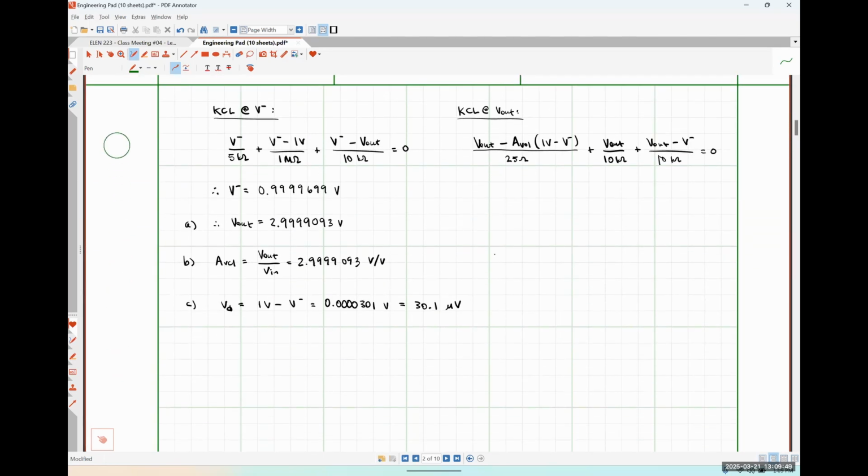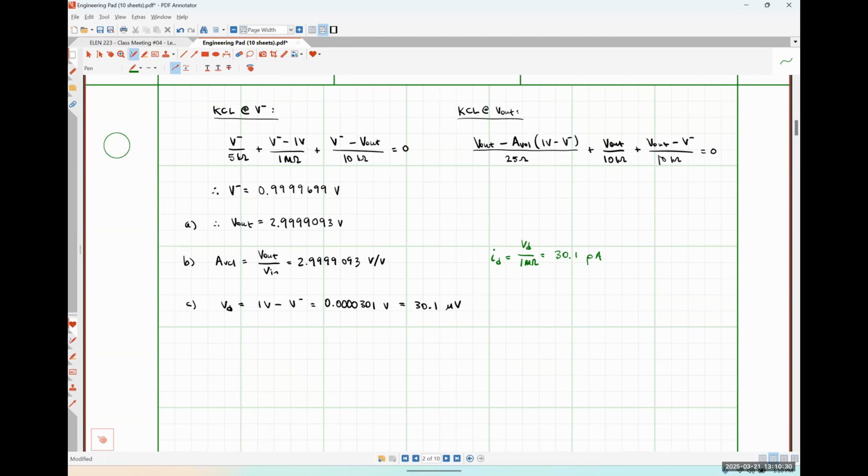So just for what it's worth, the current flowing into our differential input would be VD over 1 mega ohm. So that would be 30.1 times 10 to the minus 6 volts divided by 1 times 10 to the positive 6 ohms gives me 30.1 pico amperes, 10 to the minus 12 amps. That's pretty damn close to zero, right?